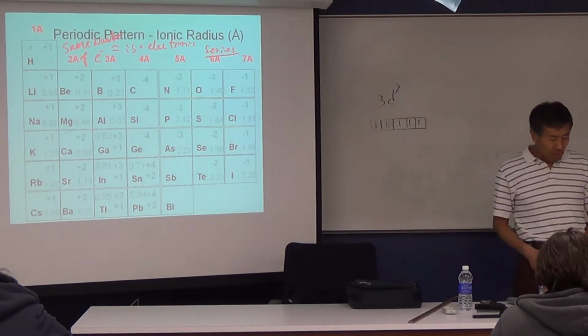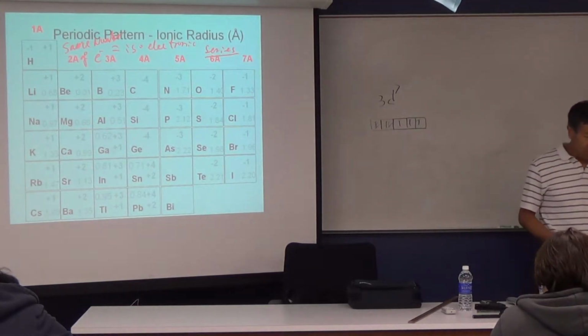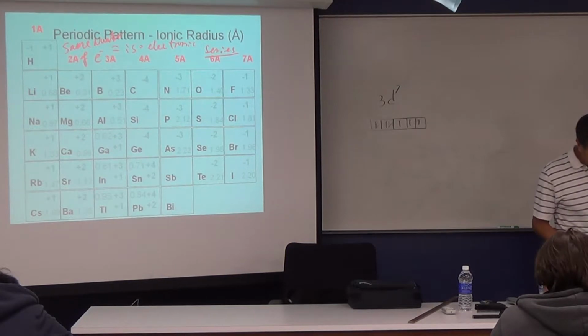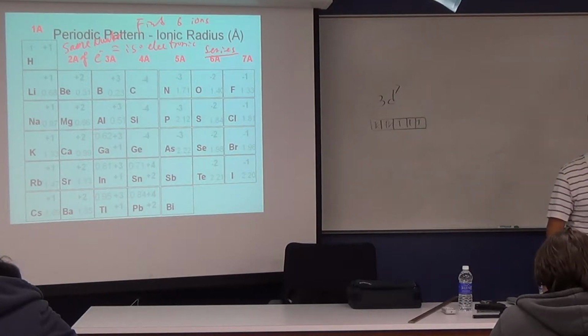Right, now, see if you can find out from this table, let's say find out 6 ions that are isoelectronic.